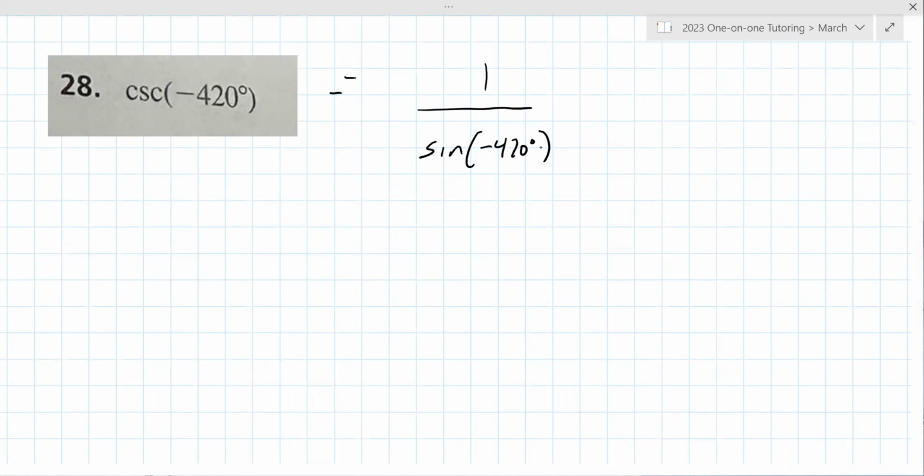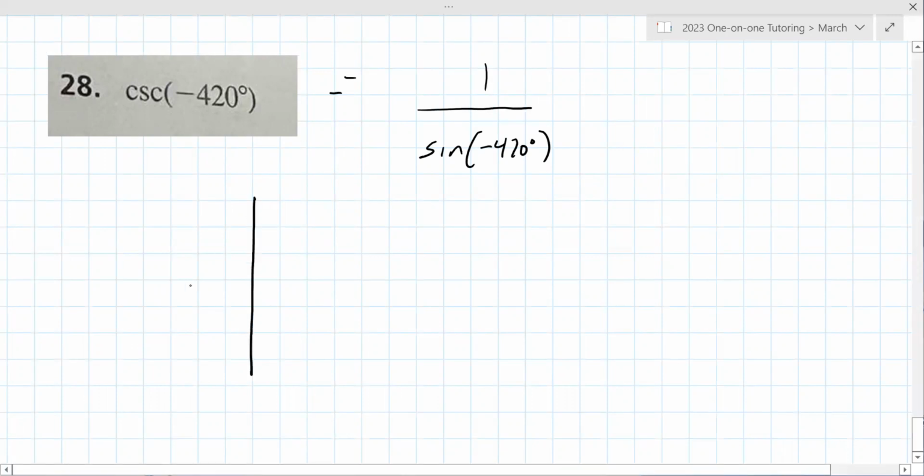So notice if you went all the way around the unit circle in the negative direction, that's uncomfortable, but if you go all the way around, that's negative 360. And then you have to go a little bit further, another 60.